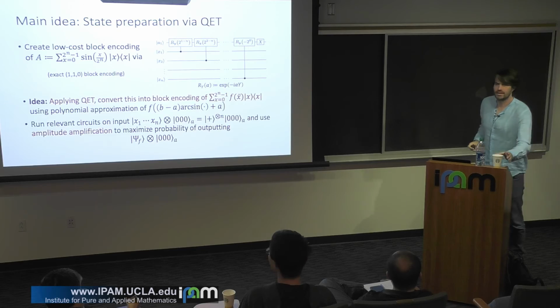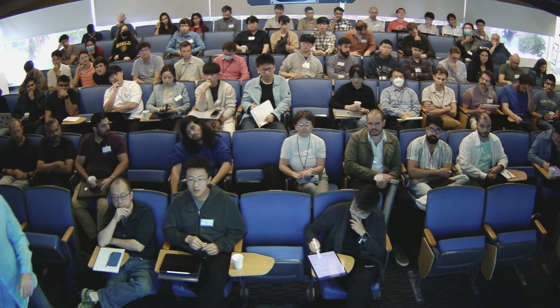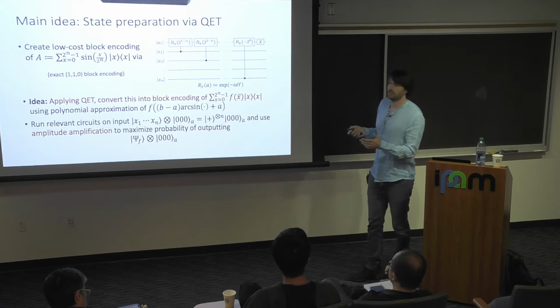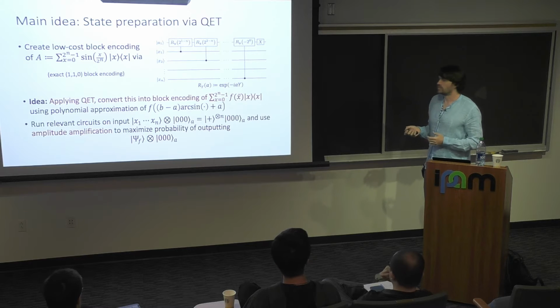Yes, please. So in your first step, can I ask, what's the advantage of using the sine function? Well, yeah, so in general, you could use other functions that you start from, you just need to start from some block encoding. I think in practice, it depends on the function f you're interested in, right?